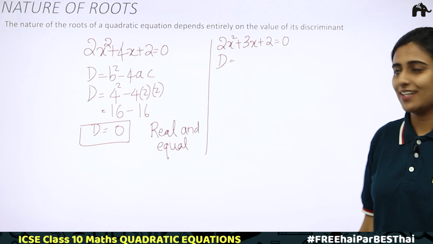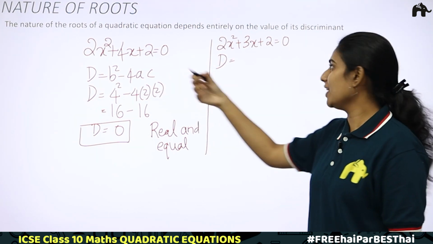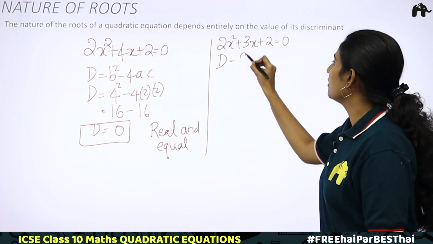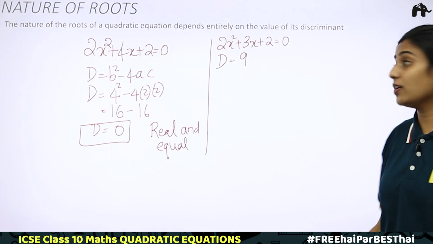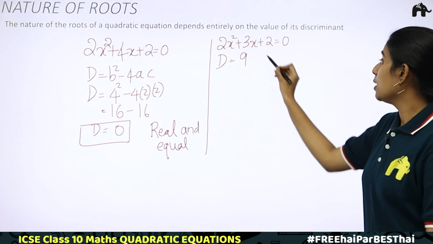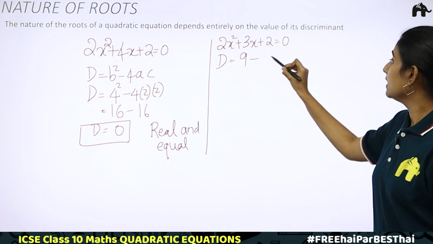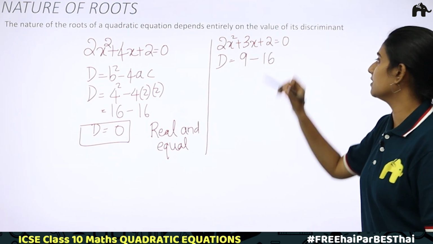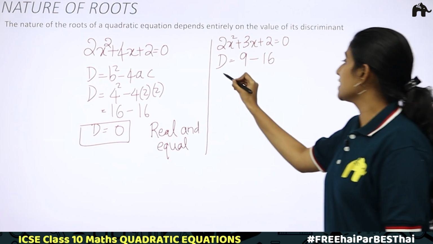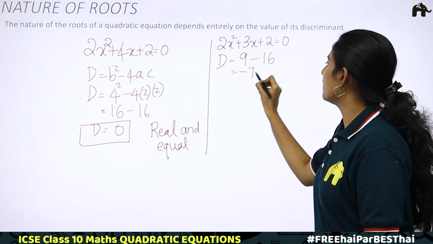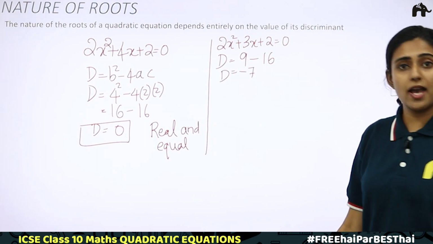D equal to b square minus 4ac. Substitute the values. B square will be 3 square, which is 9. Minus 4ac, 4 into 2 into 2, that is 16. 9 minus 16 is minus 7.